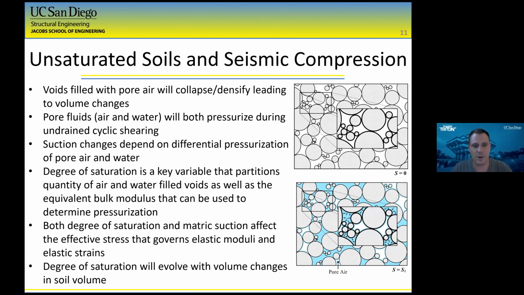And if the voids are getting smaller, the degree of saturation increases. So when you combine the degree of saturation together with the suction to obtain the effective stress, you can see that it's a highly coupled process. And then those changes in effective stress are going to change our moduli, which could, on the next cycle, start to affect our predicted changes in all of the other variables.